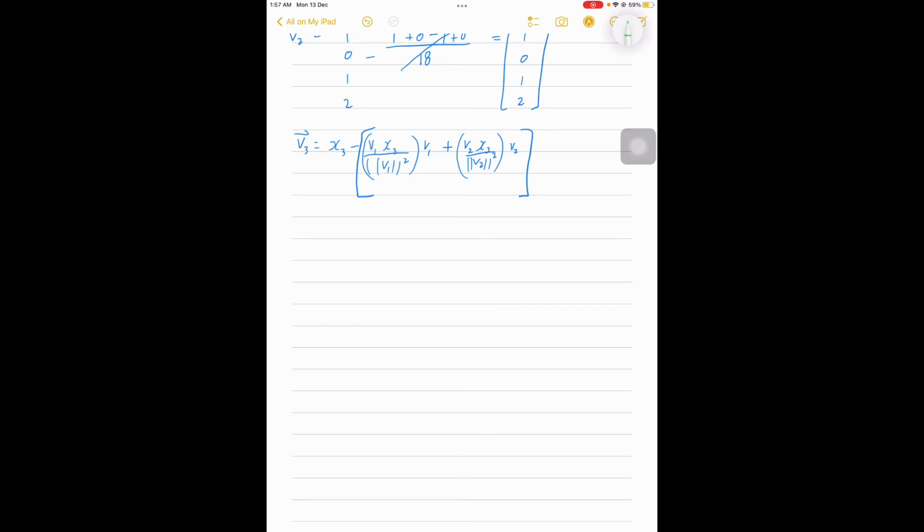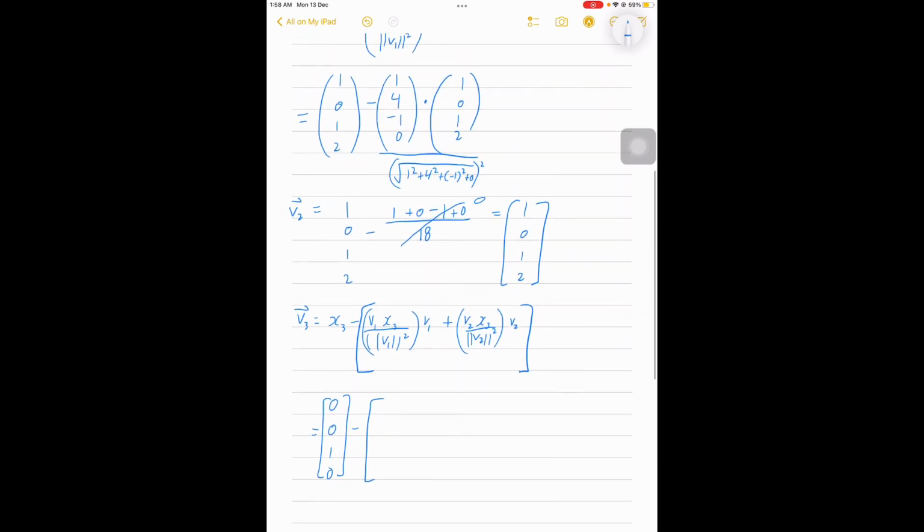Now x3 we know is 0, 0, 1, 0 minus v1, which was 1, 4, -1, 0, dotted with x3, which is 0, 0, 1, 0. All of this over the magnitude squared of v1.